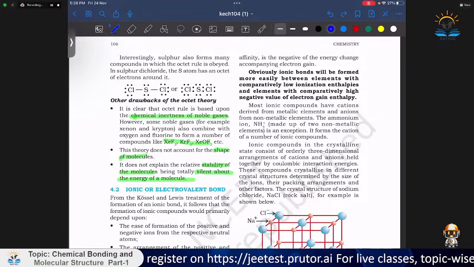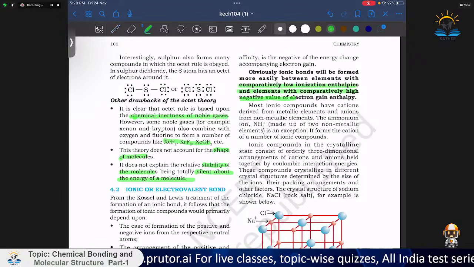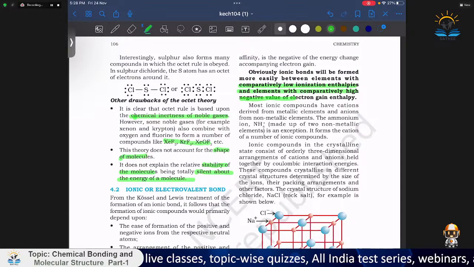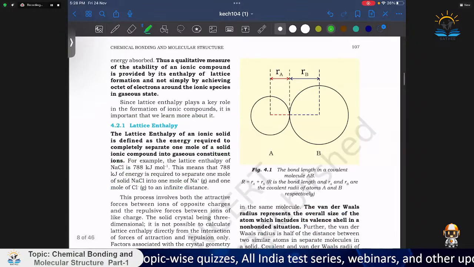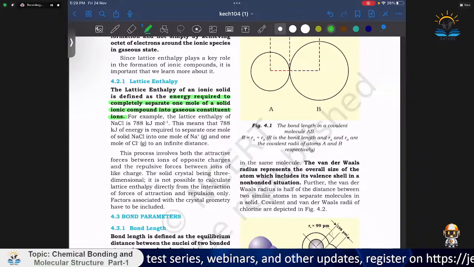All right, let's move on and let's see what lattice enthalpy is. Lattice enthalpy is the energy required to completely separate 1 mole of a solid ionic compound into gaseous ions. NaCl is a solid. If you convert NaCl solid to gas, in which both ions are separated from each other, that is known as the lattice enthalpy.